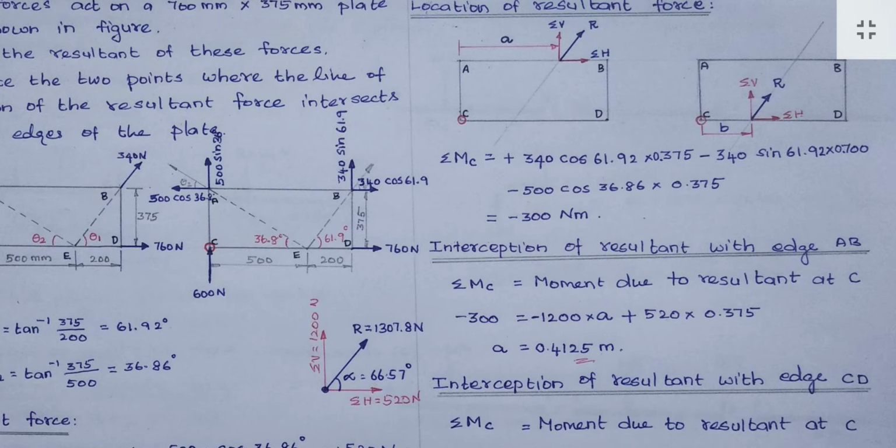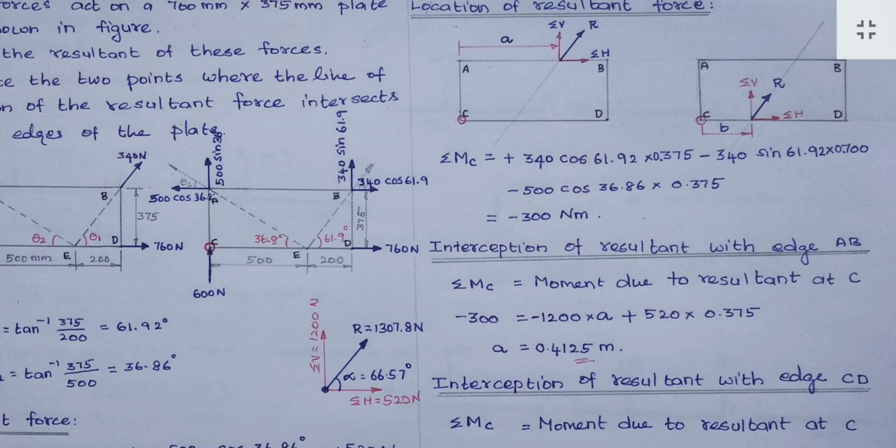A rectangular plate in your hand, and you arbitrarily fix A, B, C, D and E. And you hold that plate at the point C, because we are going to find the sum of moments about C. So it is going to hinge at the point C. You hold the plate at the point C and you try to apply the force and see whether it is rotating and in which direction it is rotating.